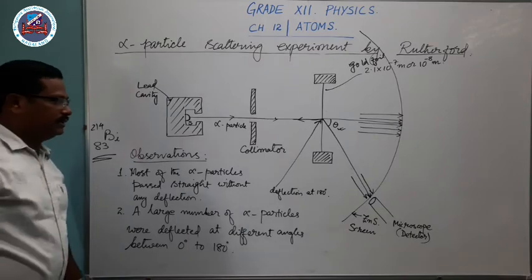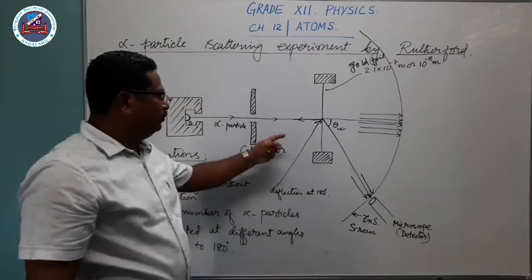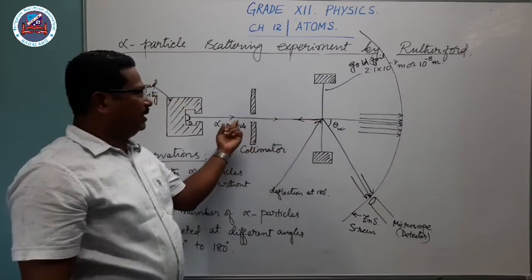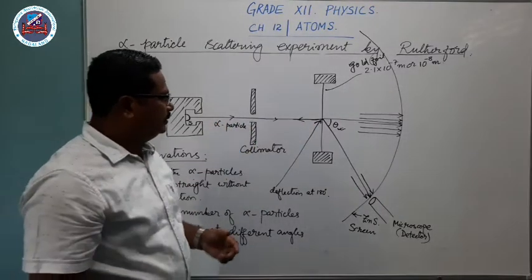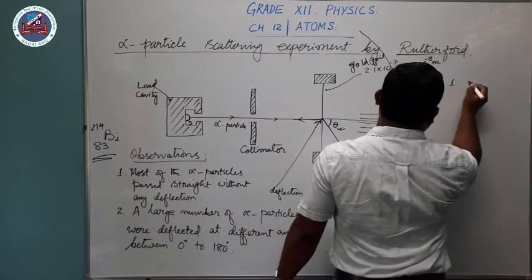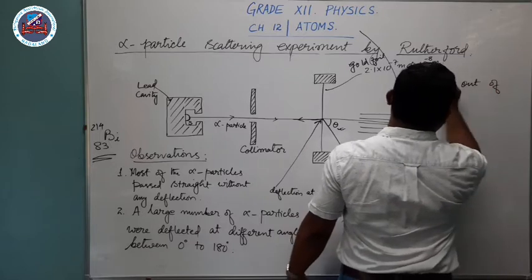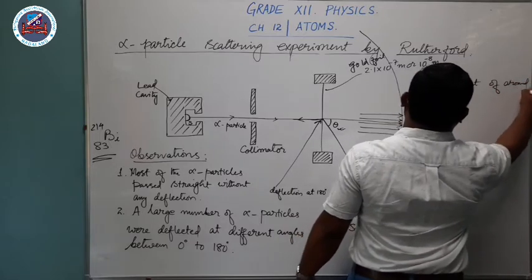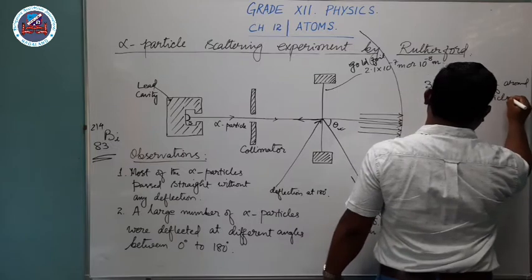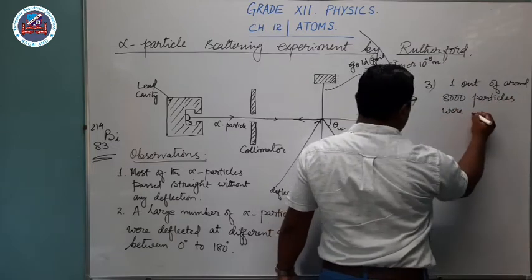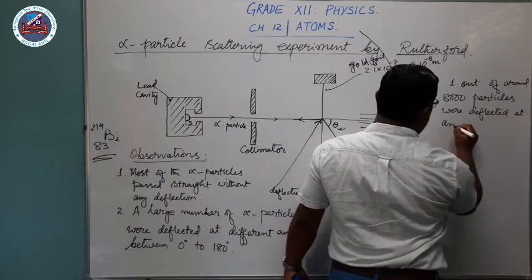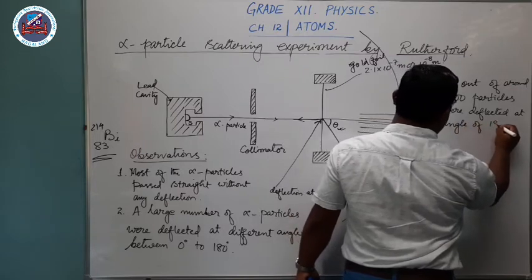Then the third observation was that 1 out of around 8,000 particles were deflected at an angle of 180 degree.